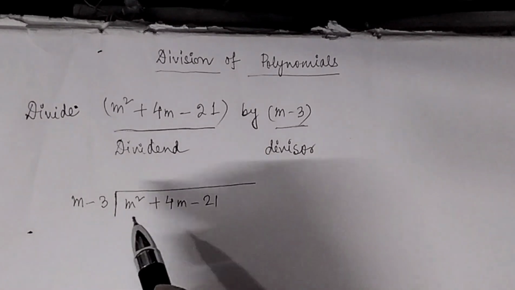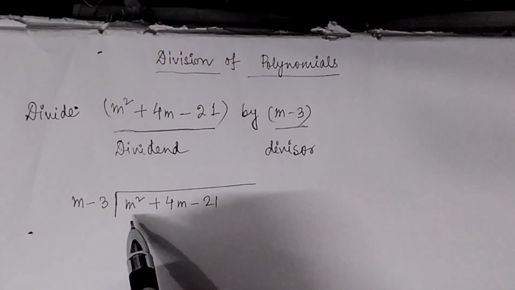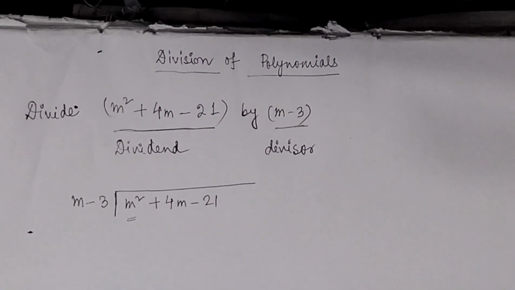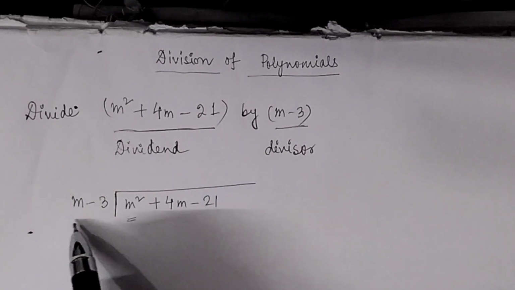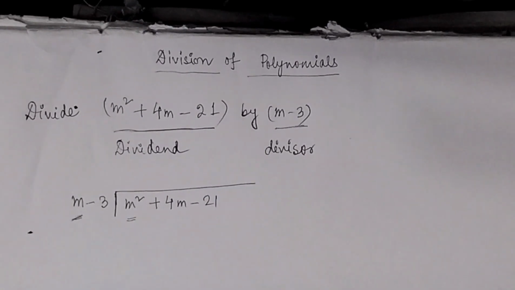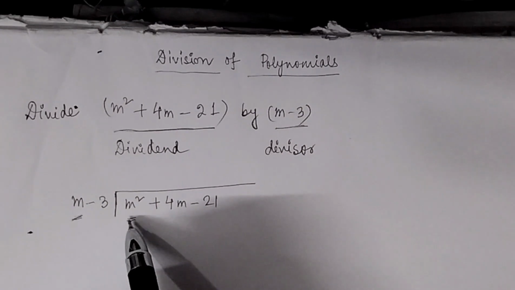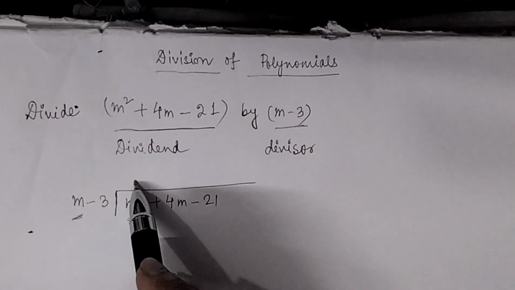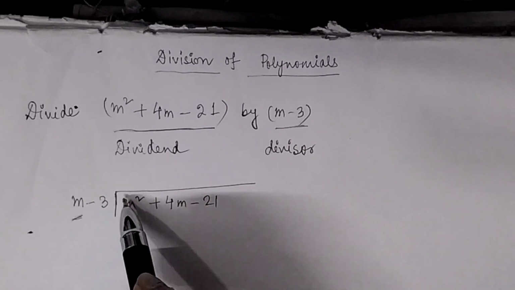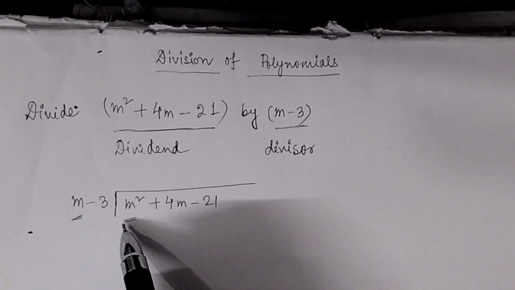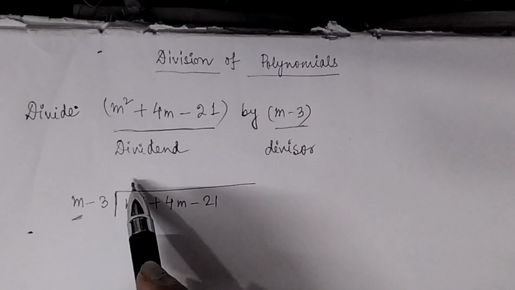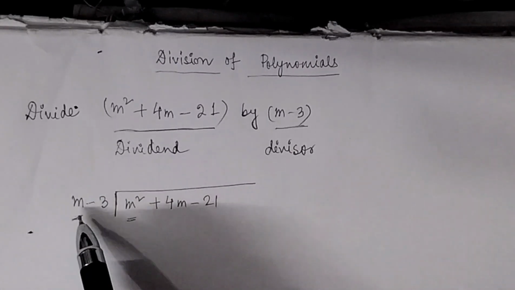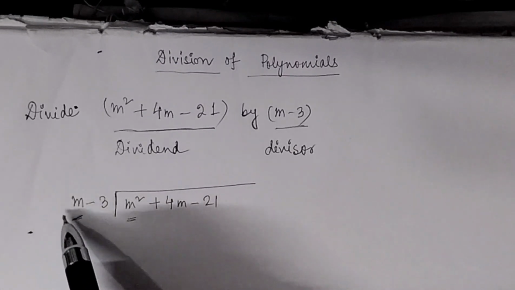Now you have to take the first term of the dividend. Here it is m square. And the first term of the divisor, here it is m. So you have to take the term in the quotient in such a way that this first term can be eliminated when what you take in the quotient is multiplied with the divisor.